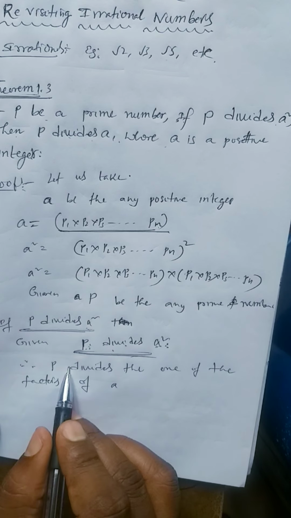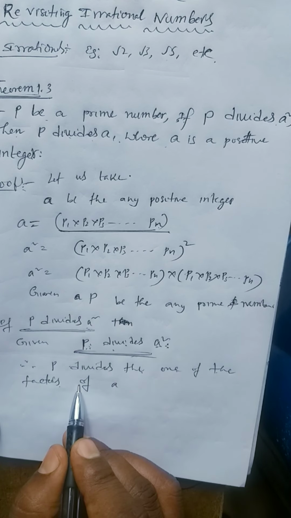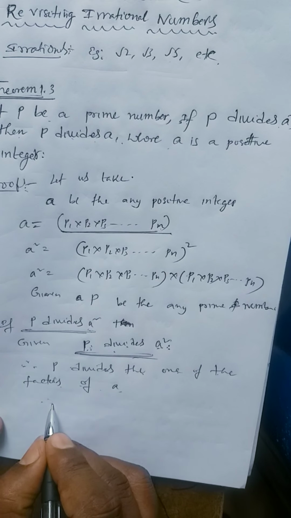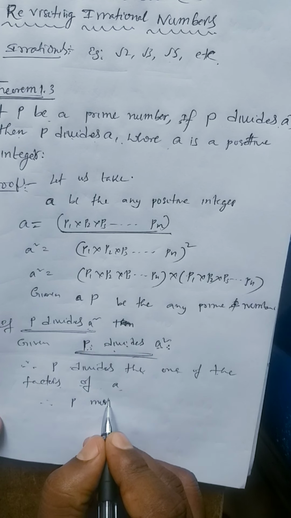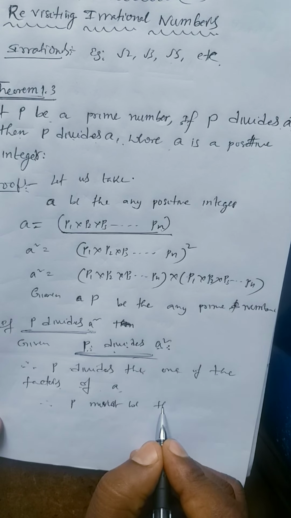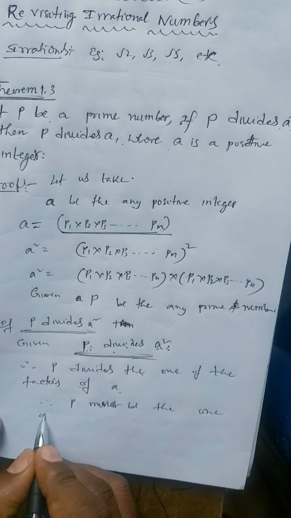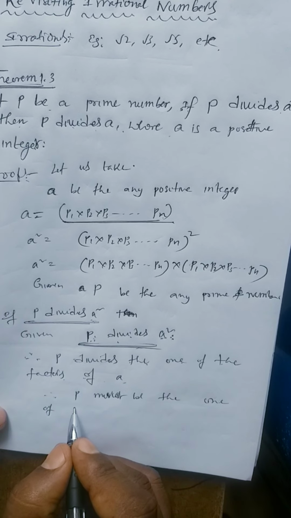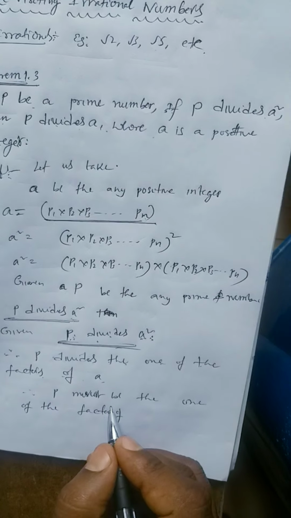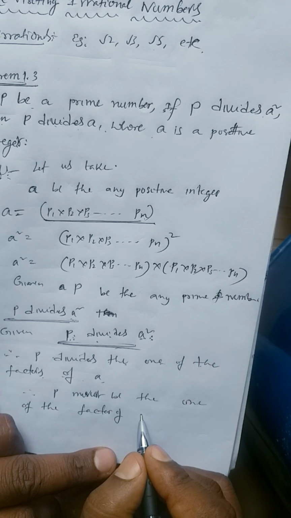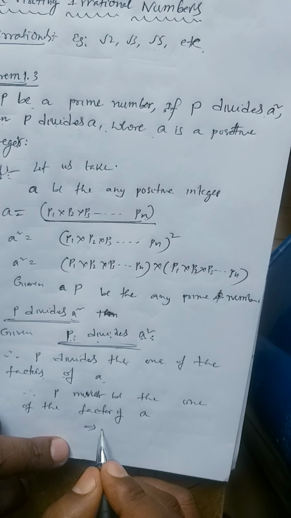P divides a square means p divides one of the factors of a. Therefore, p must be one of the factors of a.